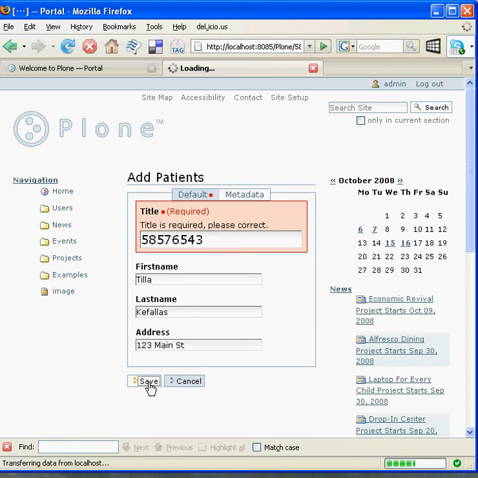This is a huge productivity gain over working in an SQL world and then hooking it up to some kind of a web service.